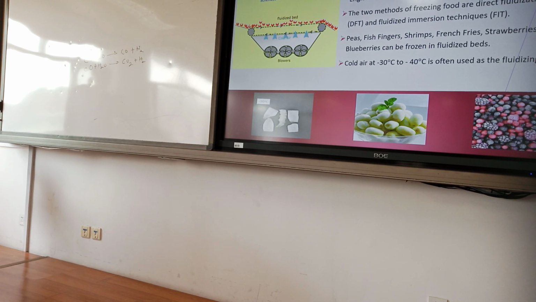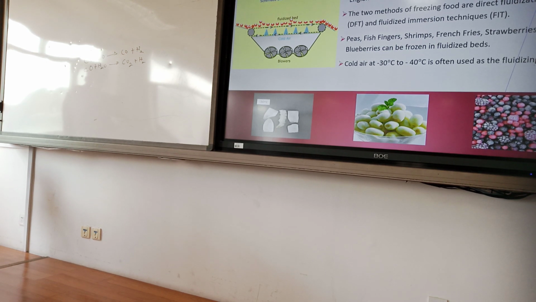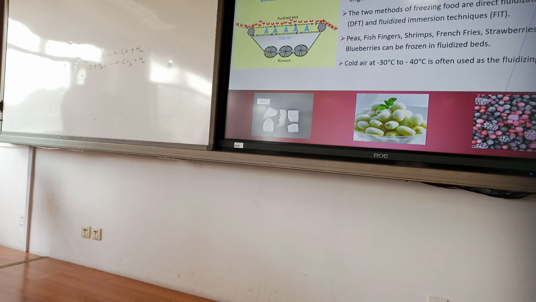The first application of freezing using fluidization was in 1950 in England. The particles also freeze very quickly. For example, peas will freeze in 5 minutes, and fish fingers will freeze in 15 minutes using air at -3 degrees Celsius.